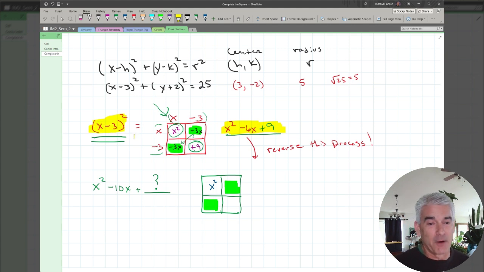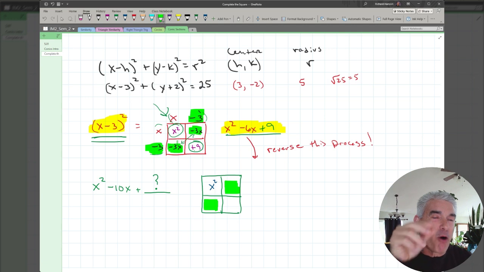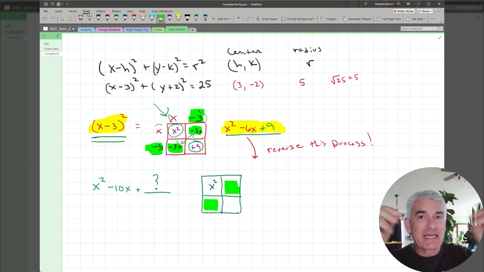I can write x minus 3 squared in its place, which is really powerful, actually. One of the things that you'll notice is if it is a perfect square, this number and this number will always be the same. If they weren't the same, then you would have different lengths for the sides of that rectangle, and it wouldn't be a square.